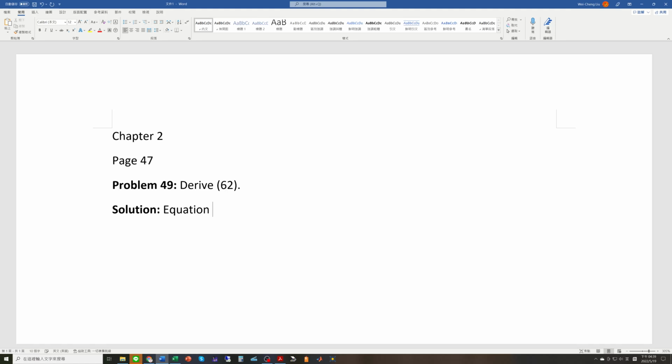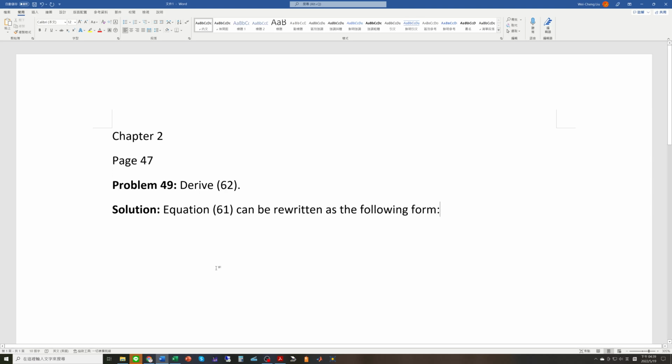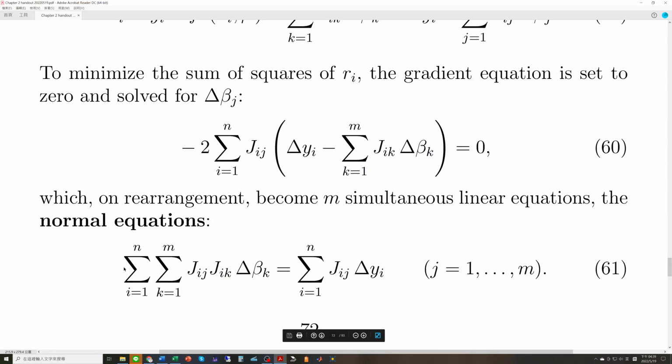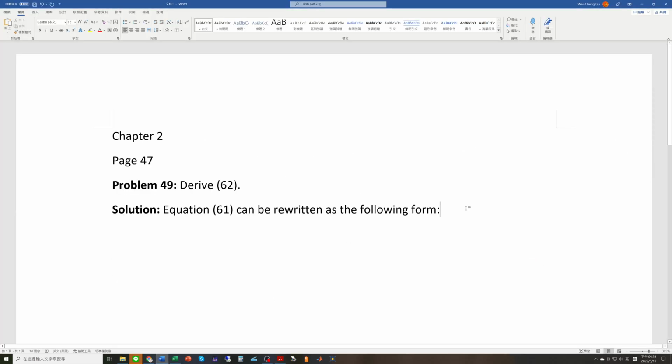Equation 61 can be rewritten in the following form. Let us see equation 61; it is this equation. Note that there are totally m equations here, so we can write them into a vector form like this.